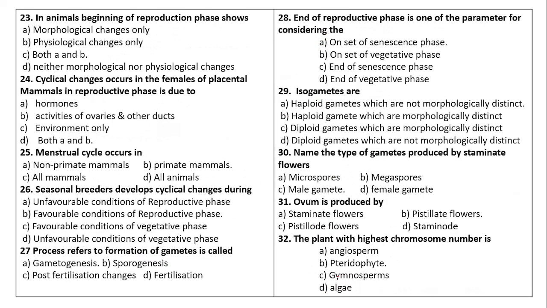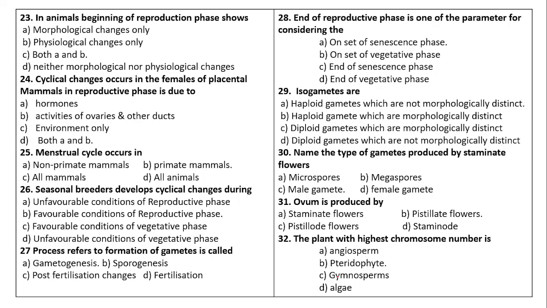Coming to the next one. In animals, beginning of reproductive phase shows dash. Option A, morphological changes only. Option B, physiological changes only. Option C, both A and B. Option D, neither morphological nor physiological changes.